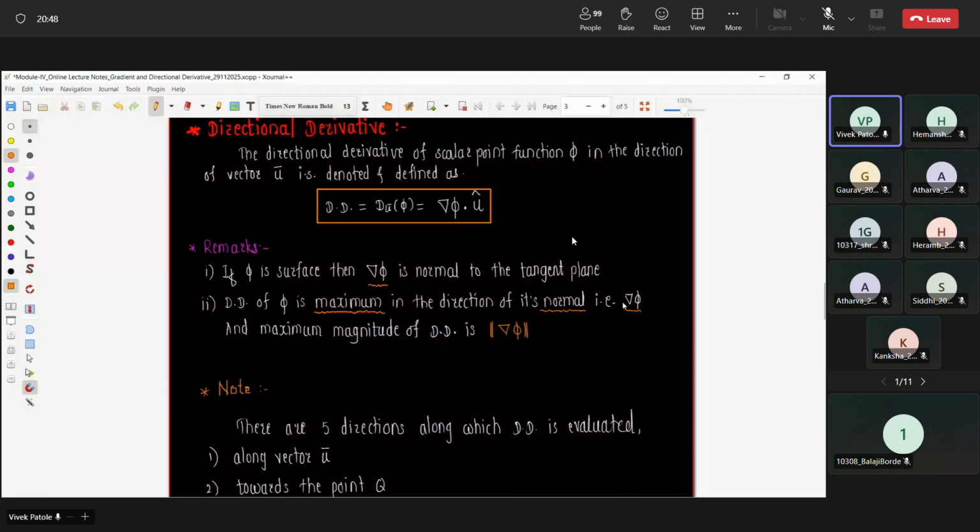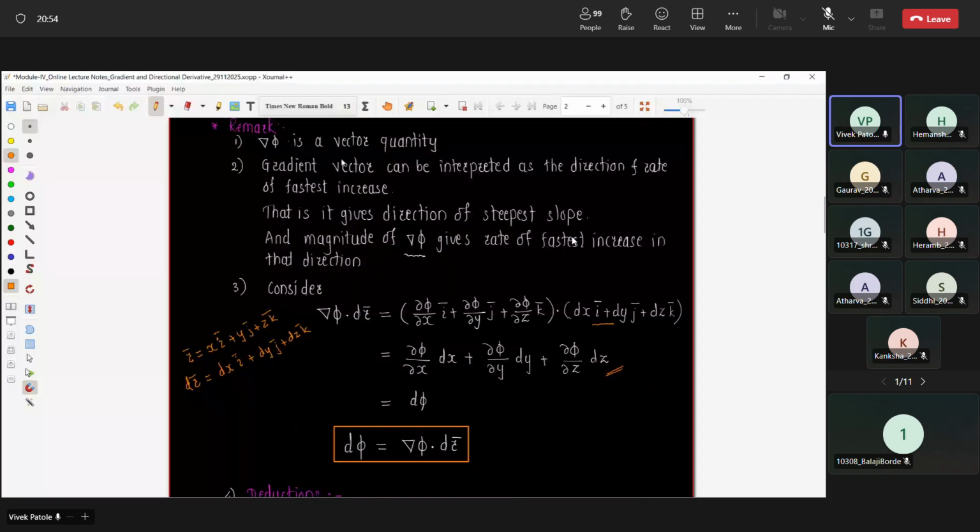We discussed this in the gradient. See, I will show that thing again. The gradient vector can be interpreted as the direction and rate of fastest increase. So we are going to get the directional derivative maximum in the direction of its gradient, that is del phi, and the maximum value is the magnitude of del phi.